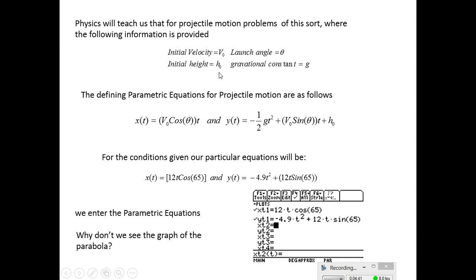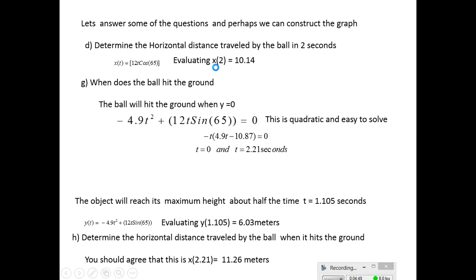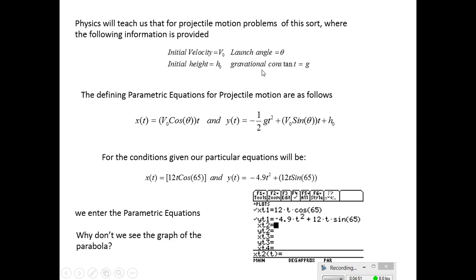Initial height is h0; if you're throwing it from ground level, then h0 is 0. The gravitational constant g, as I said earlier, is 9.8 meters per second squared in metric units, and 32 feet per second squared in English units.